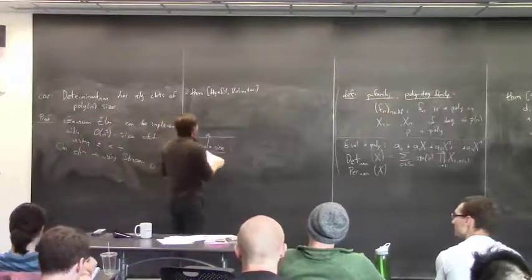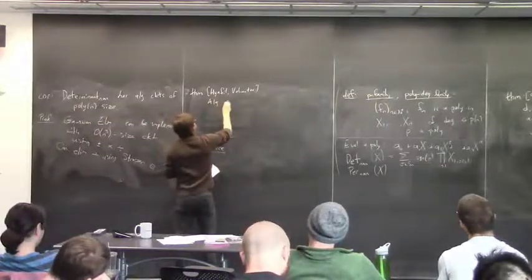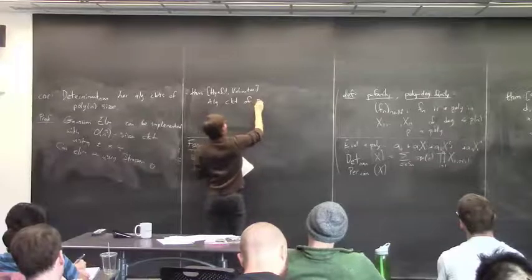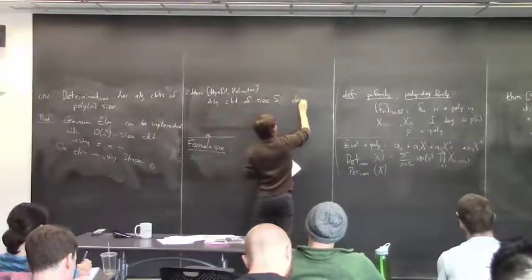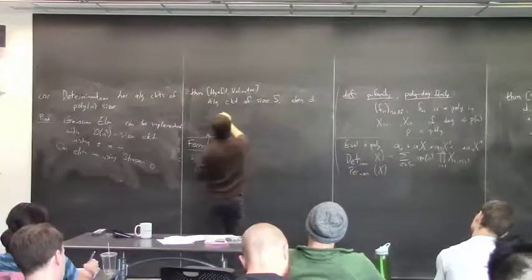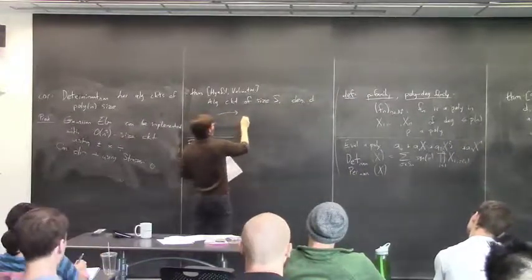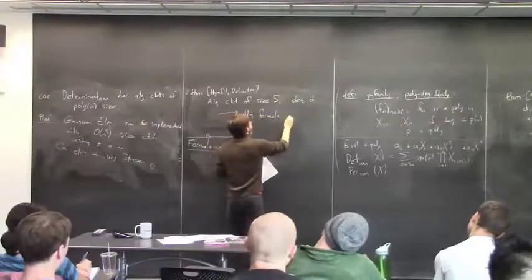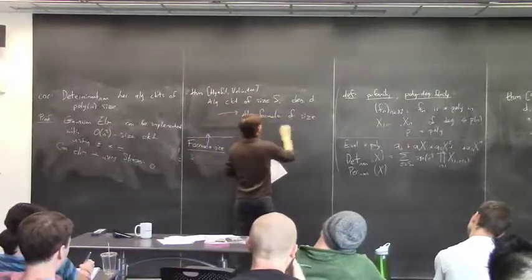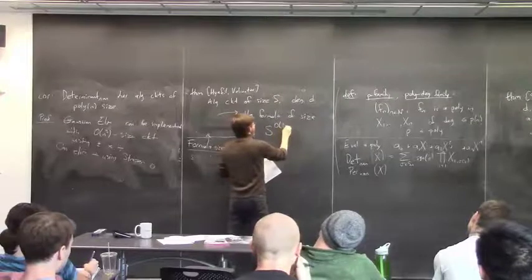Their theorem is that if you have an algebraic circuit of size S computing something of degree D, then you can convert it to an algebraic formula computing the same thing of size S to the order log D.